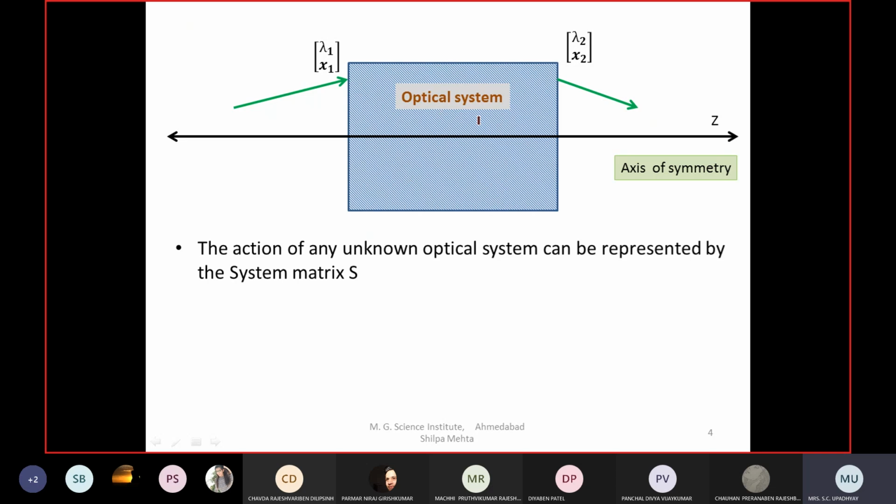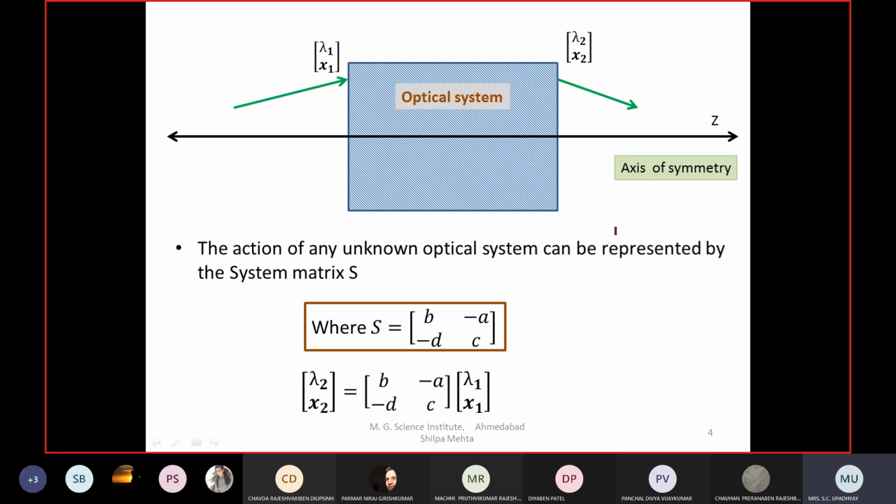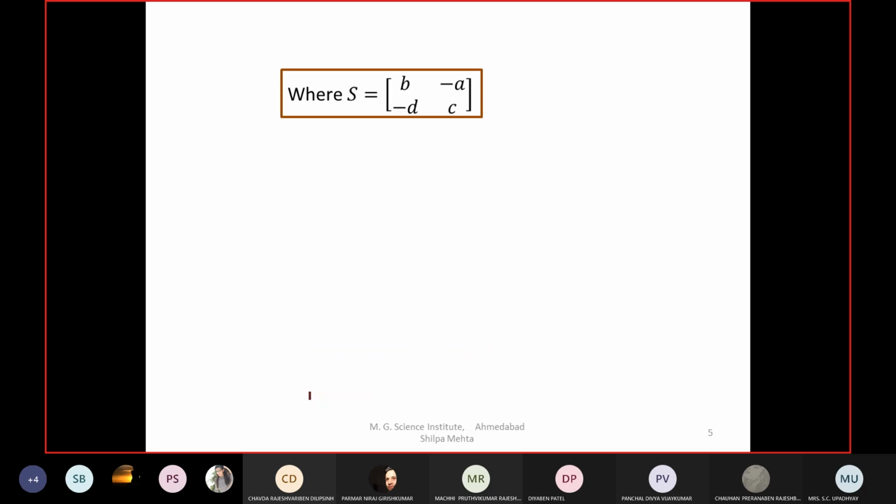The standard form of the system matrix is represented by this form: A, B, C, D. If any optical system is given to you, our aim is to find these values A, B, C, D. The lambda1 x1 is operated on by the S matrix, our system matrix, and our emerging ray matrix is lambda2 x2.